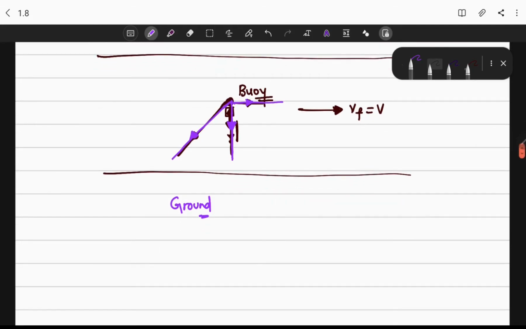Now this is the velocity of boat B with respect to flow, given as 1.2 v, and the flow velocity is v. Let us consider this angle theta; this component is 1.2 v cos theta and this component will be 1.2 v sin theta.